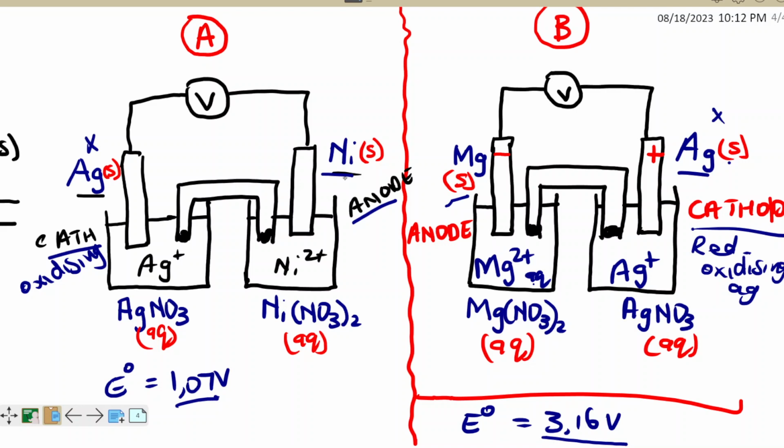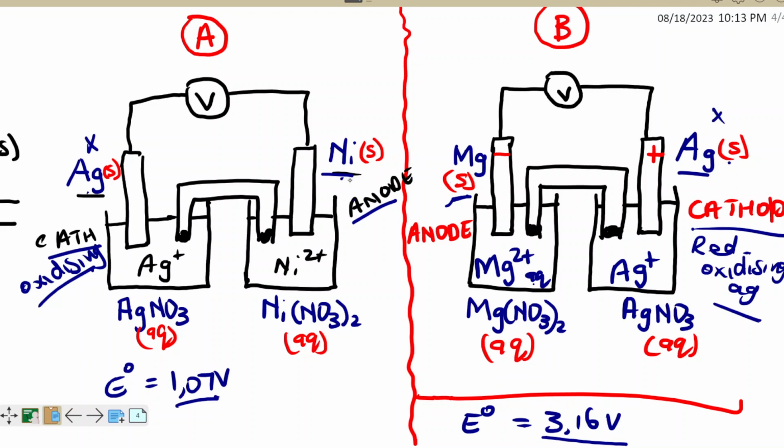So we need to know which one is a stronger reducing agent between the nickel and the magnesium, because we already know that silver is an oxidizing agent in both options, but the reducing agent in option A is nickel, and in option B is magnesium.